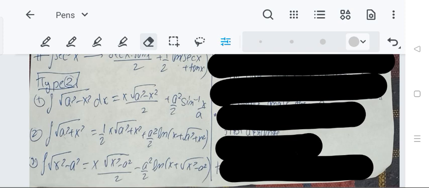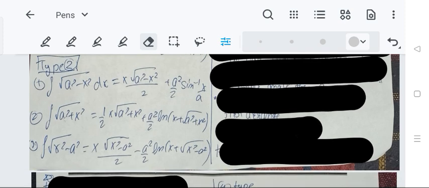The integration of root of a square plus x square is equal to half of x root a square plus x square plus a square by 2 ln of x plus root of x square plus a square. You will see that we just replace plus by minus, but a huge difference comes here. Sine function comes here, logarithmic function comes.